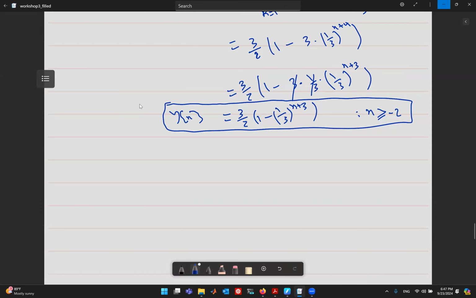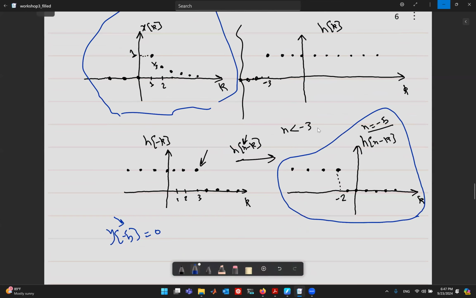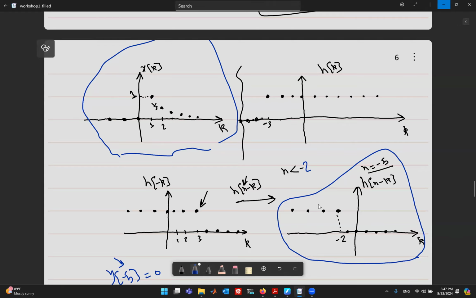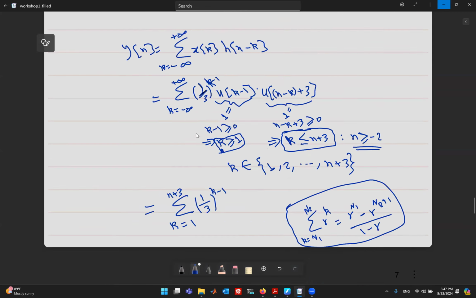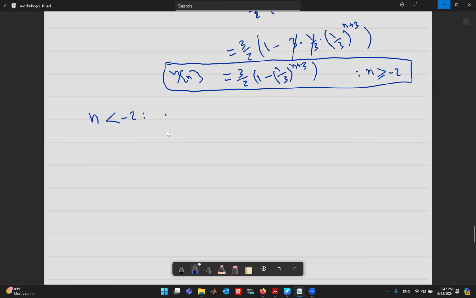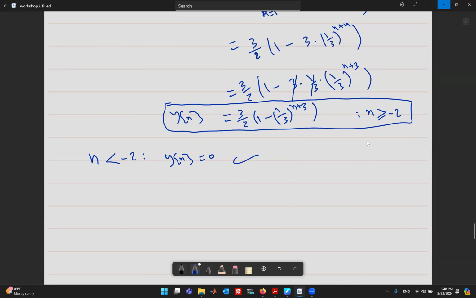Now, when n is less than minus 2, as we have seen, we don't have overlap, and then yn will be 0 over this interval. And then it's done, because we have covered the whole range of n.